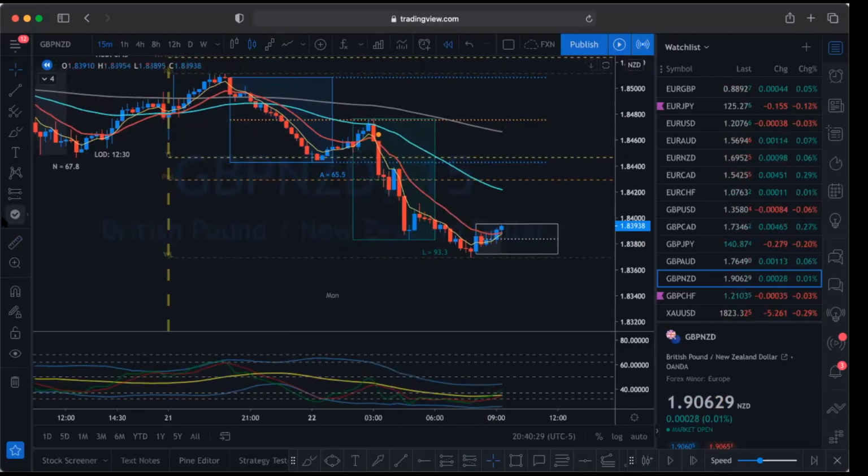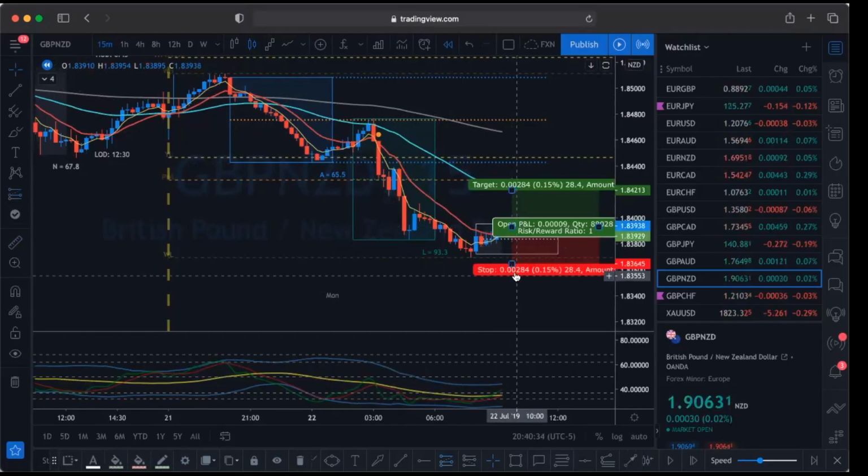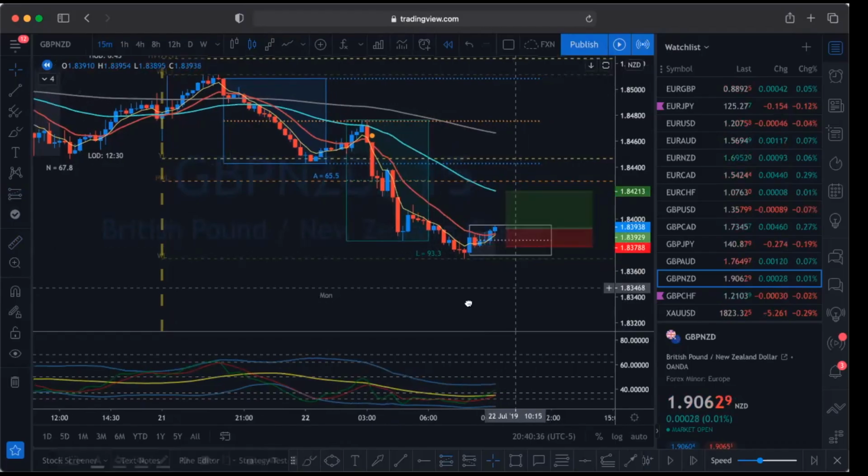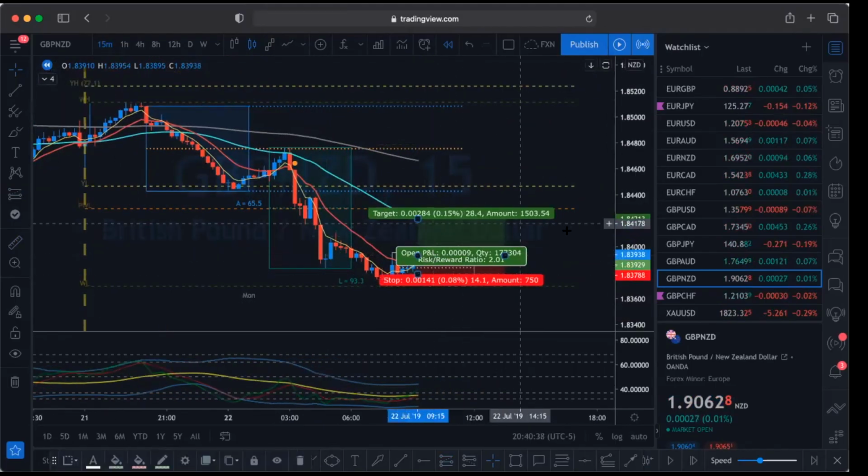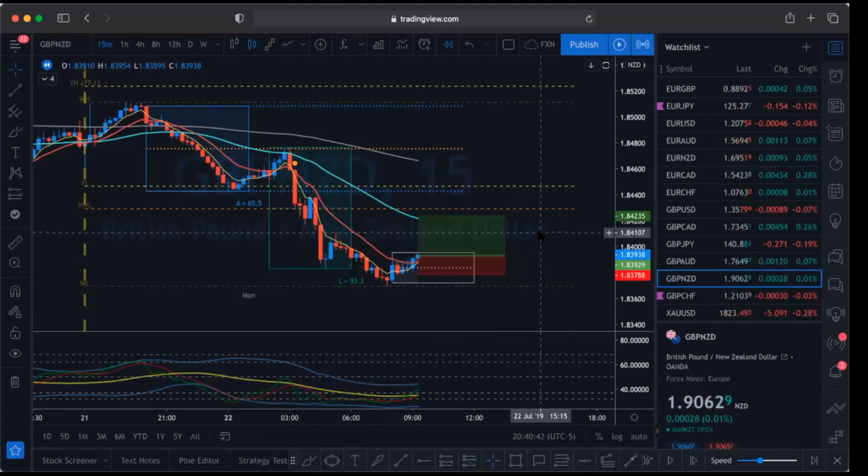So if there's any setup here, what would that look like? Well, it'd have to be something that gives you very little risk.